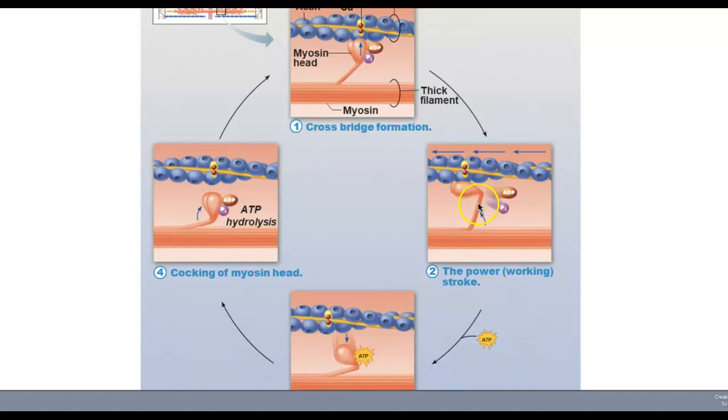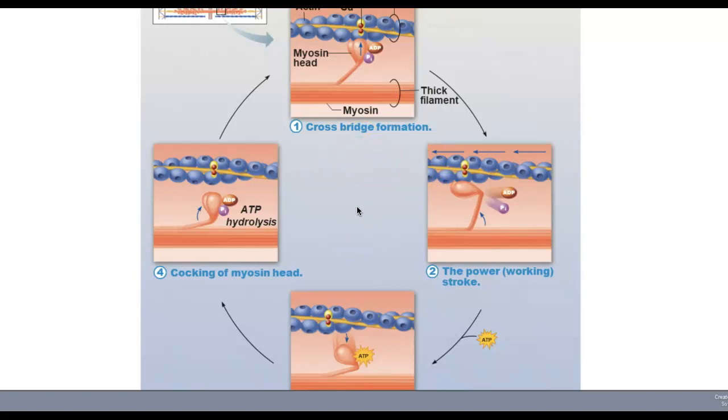Remember, there's a hinge region associated with each myosin molecule, and the heads pivot at that hinge region. When the head pivots, that slides the thin filament towards the M line of the sarcomere. Like one unit, whatever those units are, we just got 1 unit closer to the M line of the sarcomere.